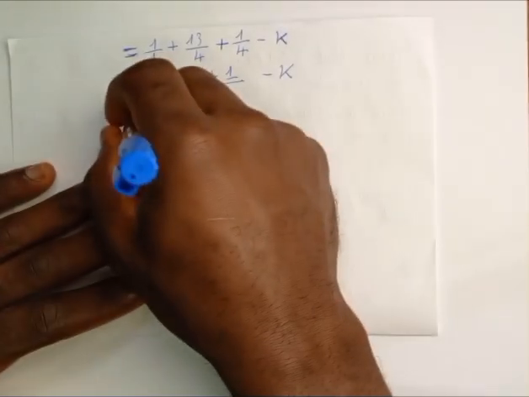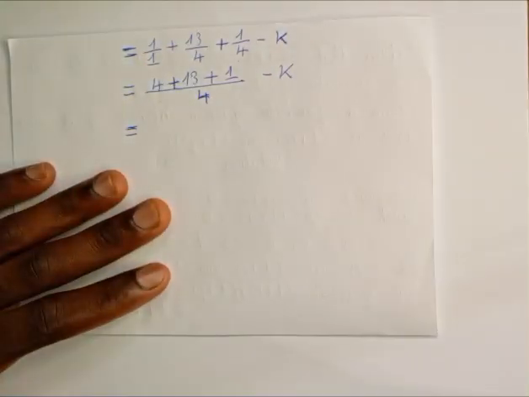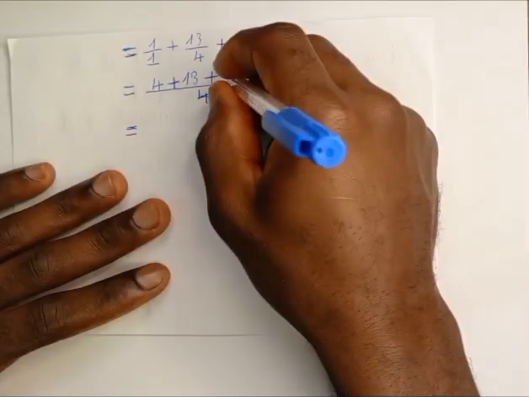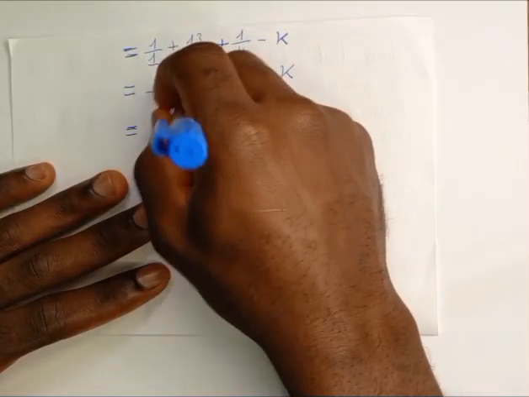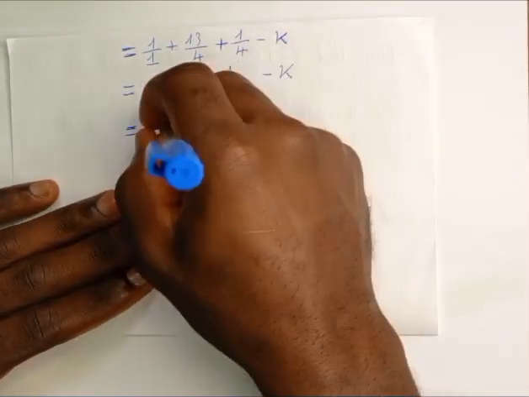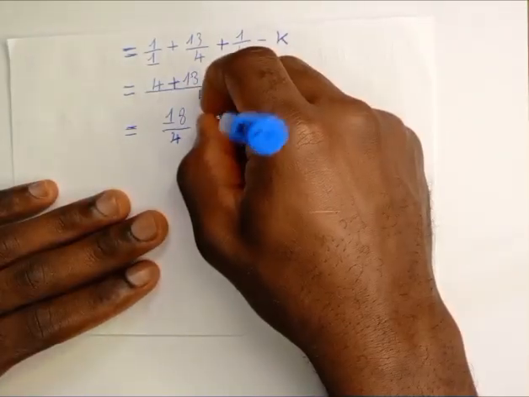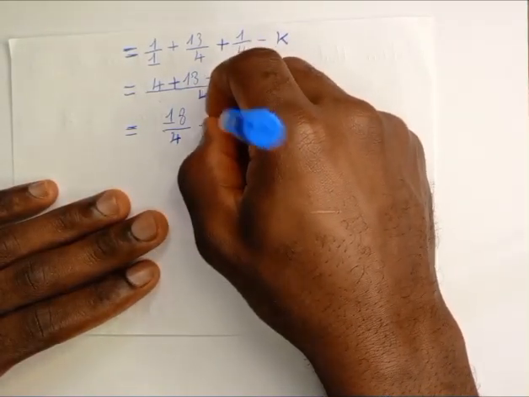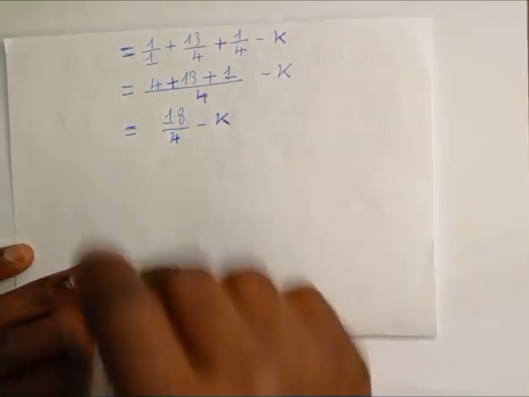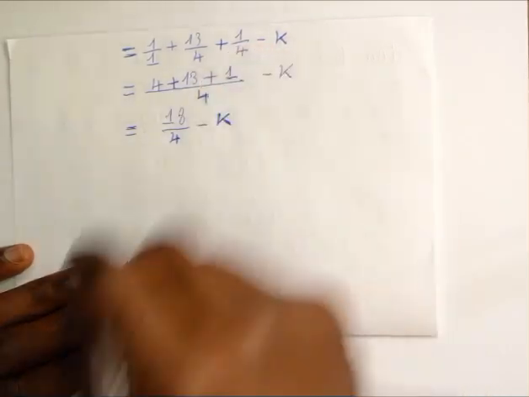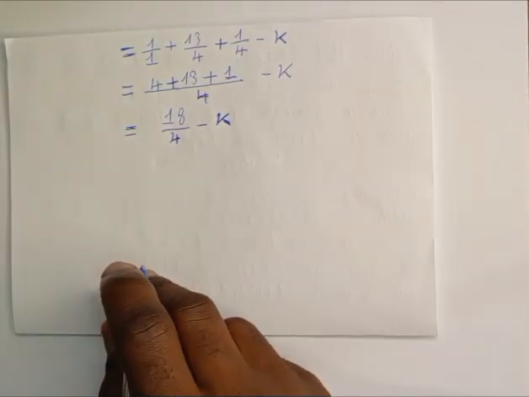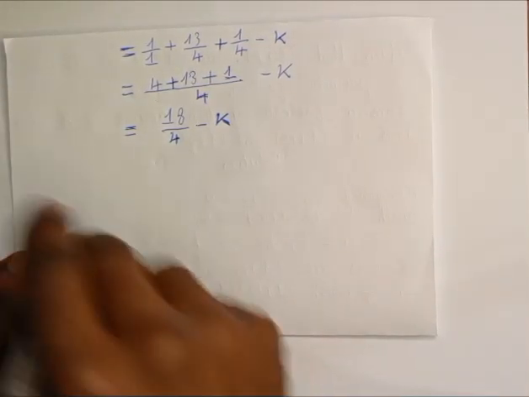This will be equal to 4 plus 13 gives us 17. 17 plus 1 gives us 18 over 4 minus k. So this is what we have for the product of new roots. Now we know the new equation.